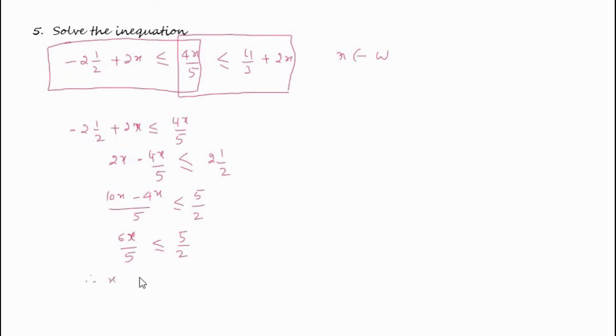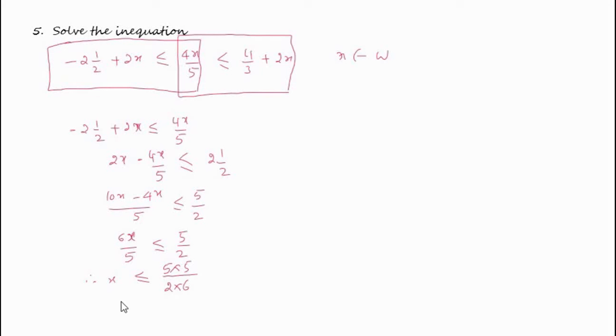Therefore x less than or equal to, we are multiplying 5 with the 5, this 5 I am taking here, and then this 6 I am bringing it here, so it is 2 into 6.